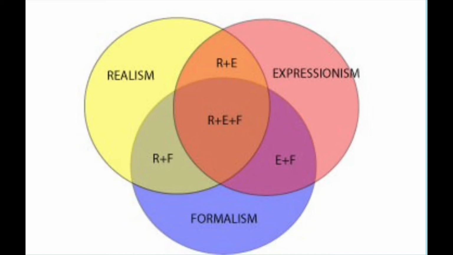Okay, then which is the most expressionistic piece? Which is the most formalistic piece? And then which pieces combine those things, where there's some realism plus some expressionism plus some formalism, that sometimes you have an artist that wants to do a little bit of all of it.